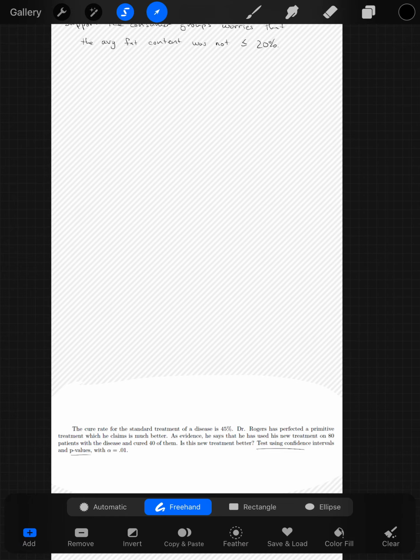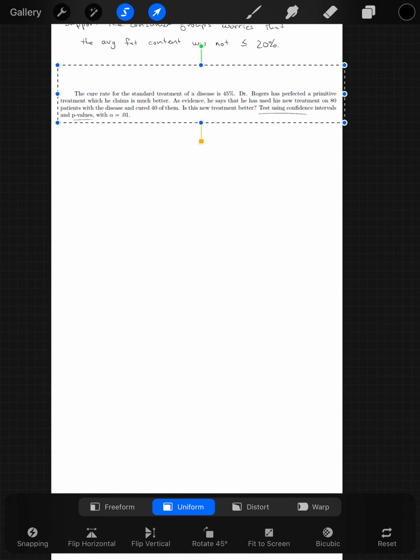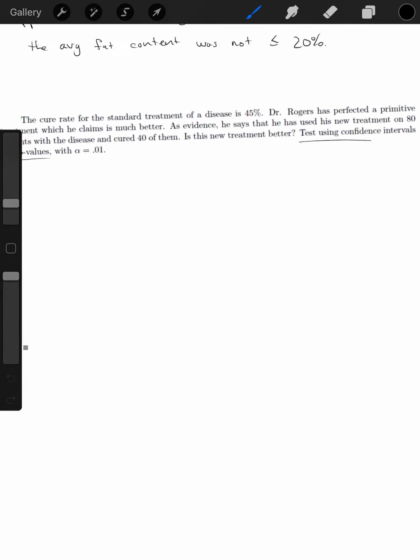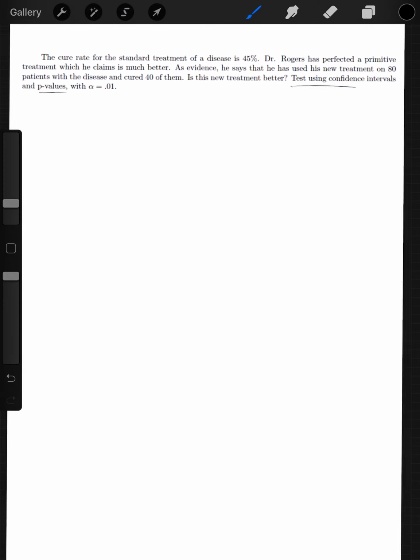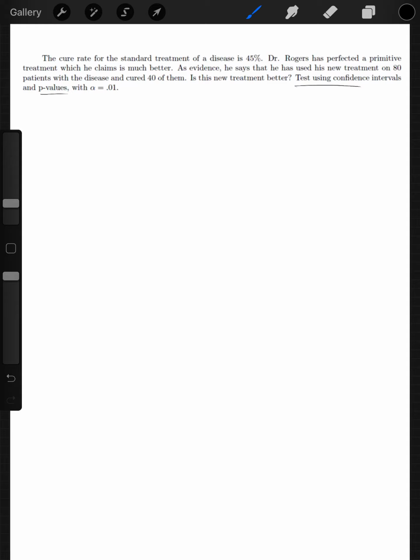Turns out there's plenty of room there, so let's scooch this back up. So we start off saying the cure rate for a standard treatment of a disease is 45%. Now, when we look at this very first thing, right, standard tells us that this sentence is probably going to be about H naught.